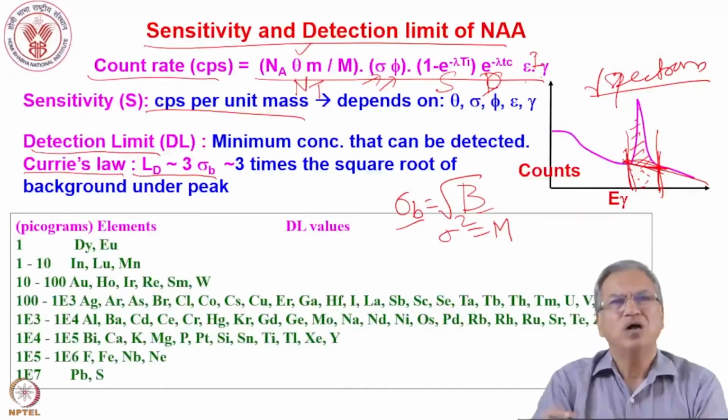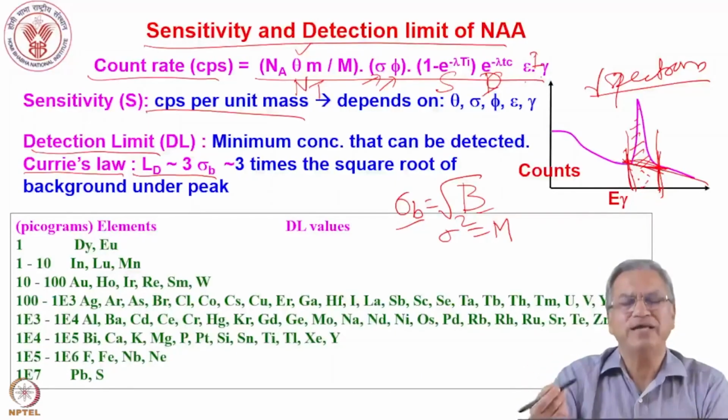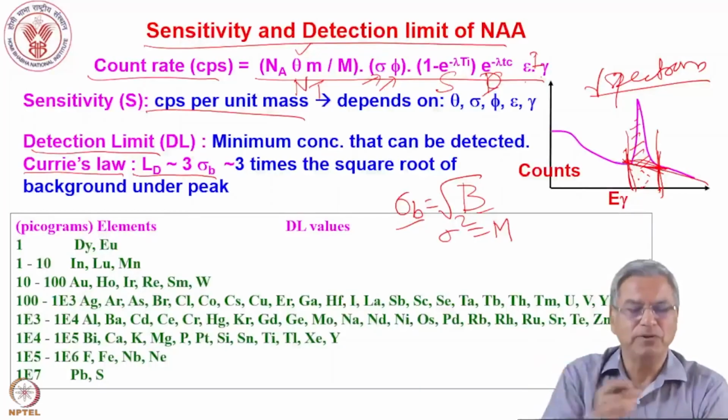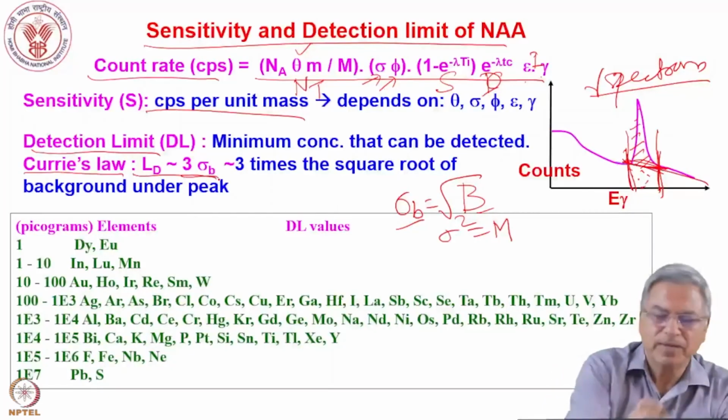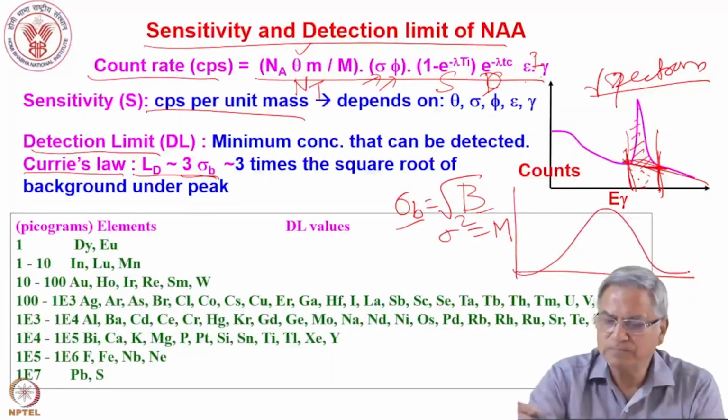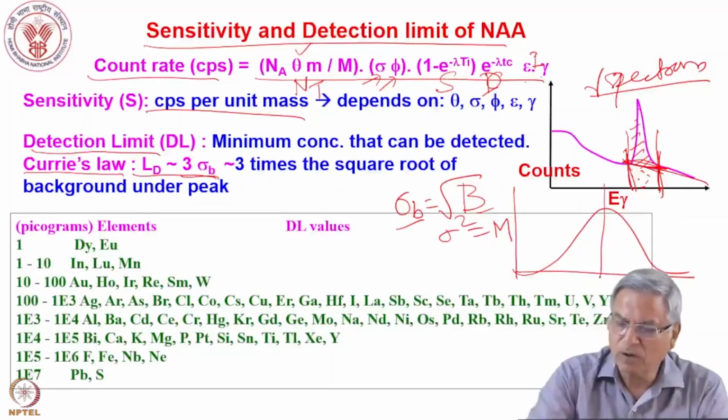Now, how do you want to quantify that? If it is this many times the standard deviation, we say there is a confidence limit, this much probability that the sample contains some element of analysis. So 3 sigma essentially is, suppose you have a Gaussian distribution of the background counts.